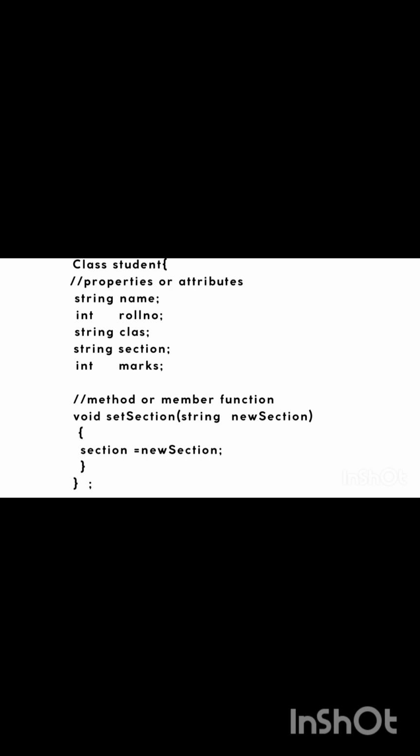So here we define the class student as a name which is a string, class which is a string. Class here is a reserved word actually, so we use it with one single S. We don't use the double S because with double S it becomes a keyword.